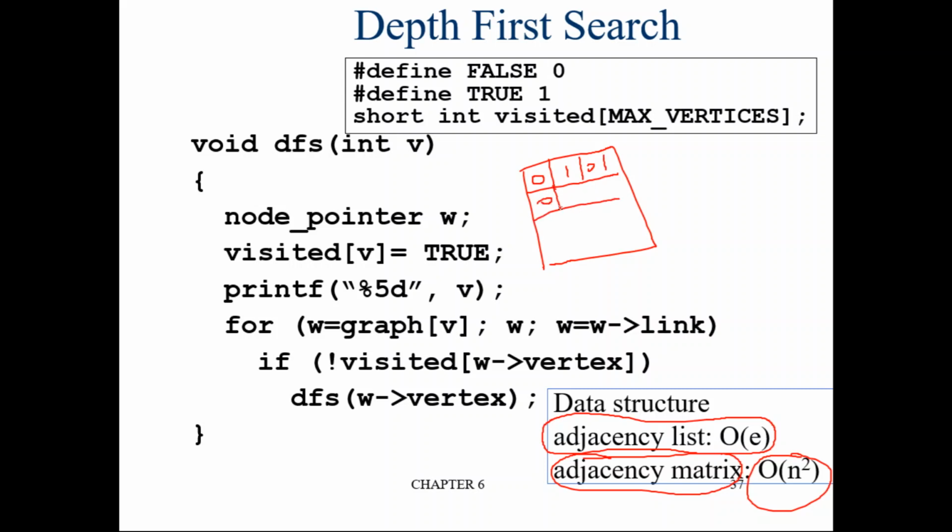Even if it is 0, you have to go and check whether it is 0 or not. If 1 is there we will consider it, but 0 we will ignore. Still, you have to check all the entries, and that is also an operation. So with the adjacency matrix it is order of n square, whereas with the adjacency list it is only order of E. N square means for all the nodes, n into n, you have to check.